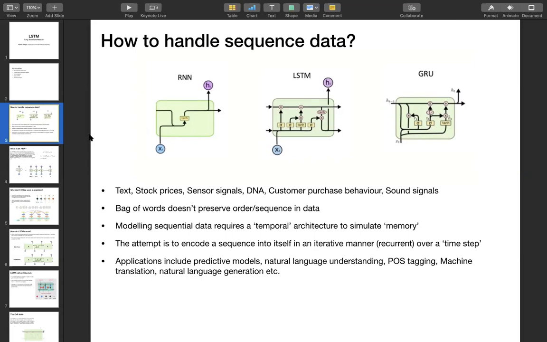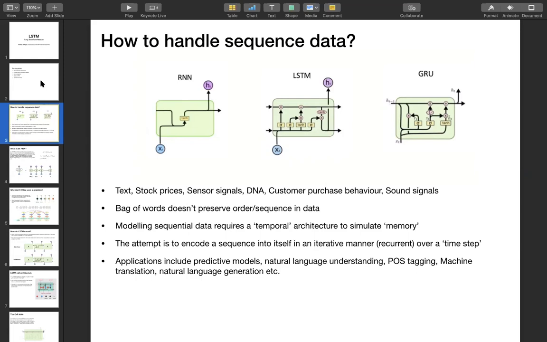The bag of words approach is a very popular approach. I'm sure everyone would have used it to model text data. But the bag of words does not really preserve the sequence. It preserves the context in a sense where you know what words are being talked about, so at a very high level, you understand the context.